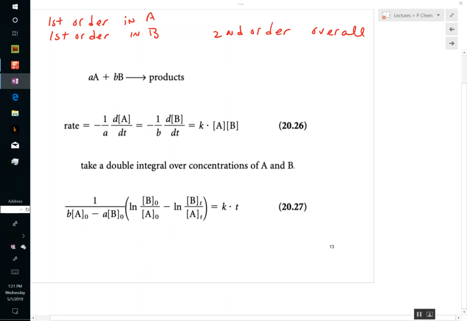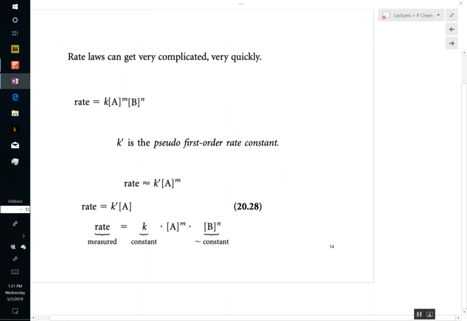I'm not sure if any of the homework assignments have that equation, but that would be a second order overall expression. And the author points out here, rate laws can get very complicated very quickly. You can have rates like this: the rate is k times A to the m, B to the n.